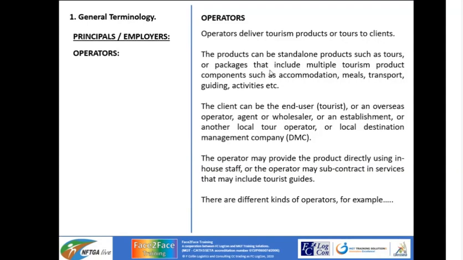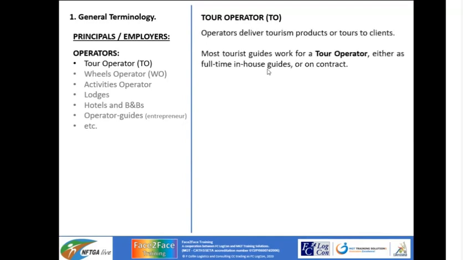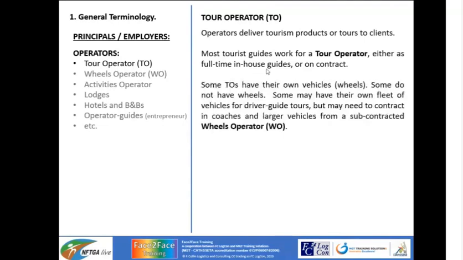And there are different kinds of operators. This is the one that really boggled me. Some guides did not know what a TO was. We received emails from people saying, what is a TO? Well, a TO is an abbreviation. It means tour operator. We use it regularly. It is an operator that delivers the product to the client, and that TO sometimes has vehicles.